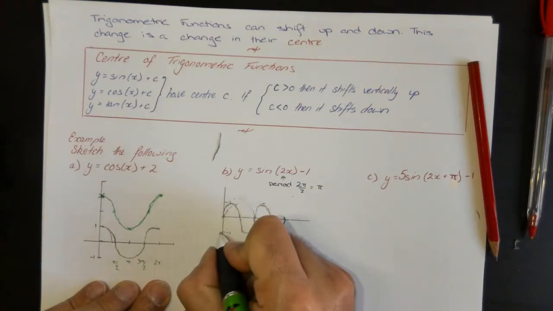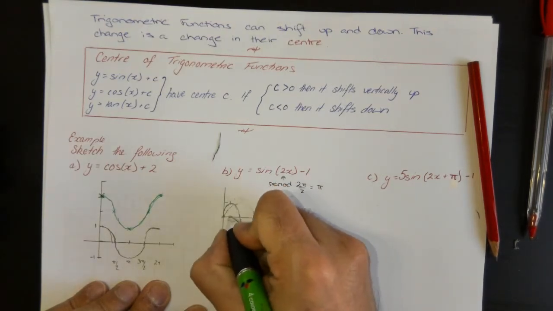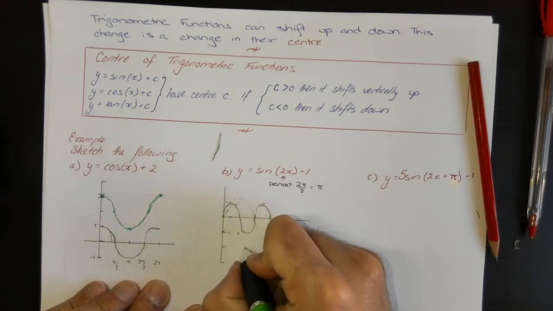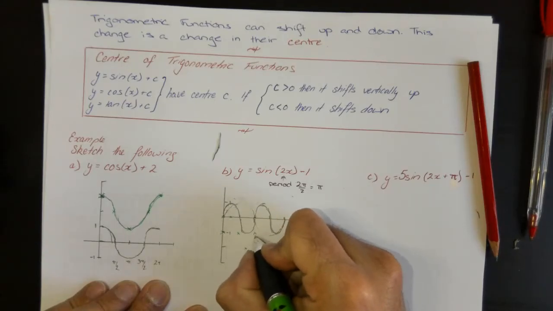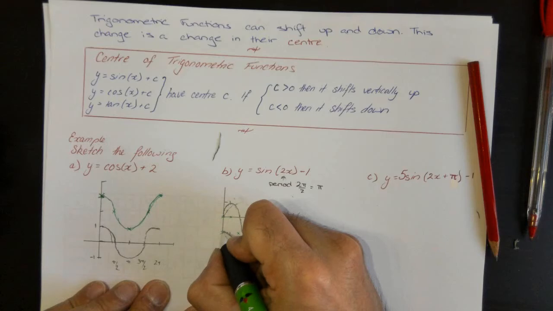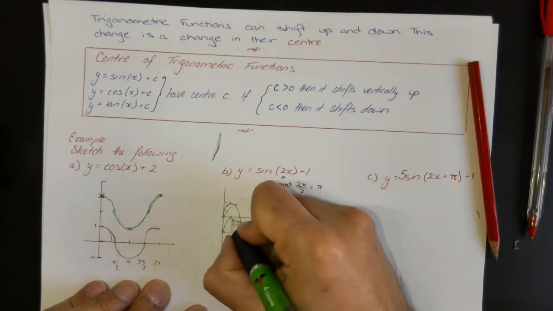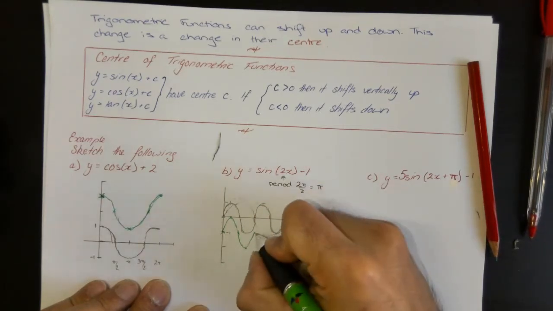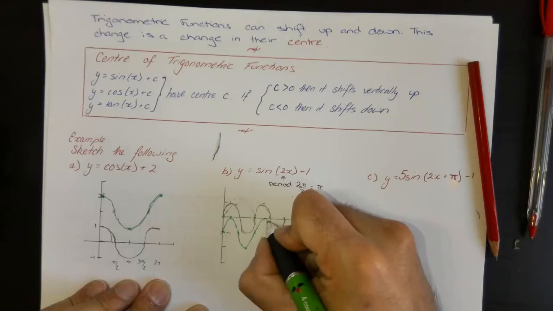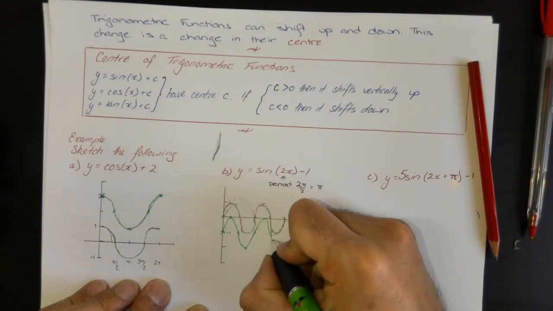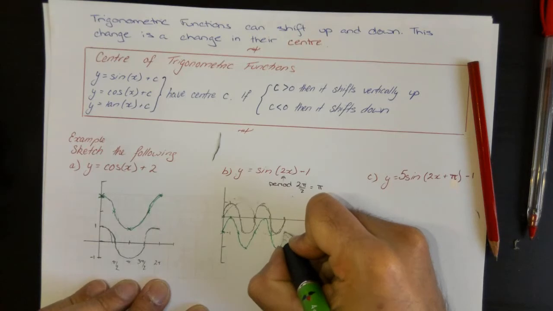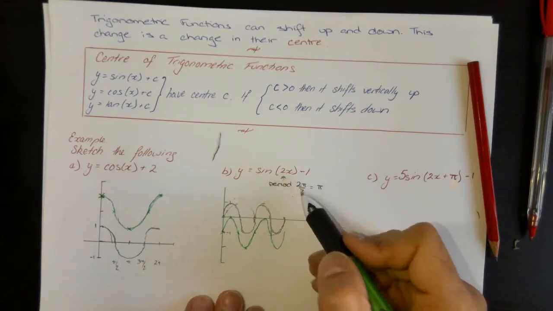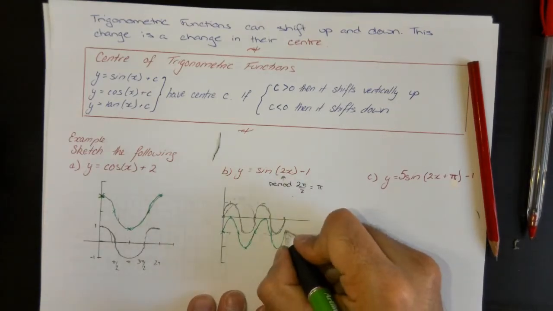So if that was there, I go here, here, there, this one down here, and so basically what I'm getting, so there's one period. There's the other period. And so that equals y equals sine of 2x minus 1. Obviously, we can continue on if we wish to.